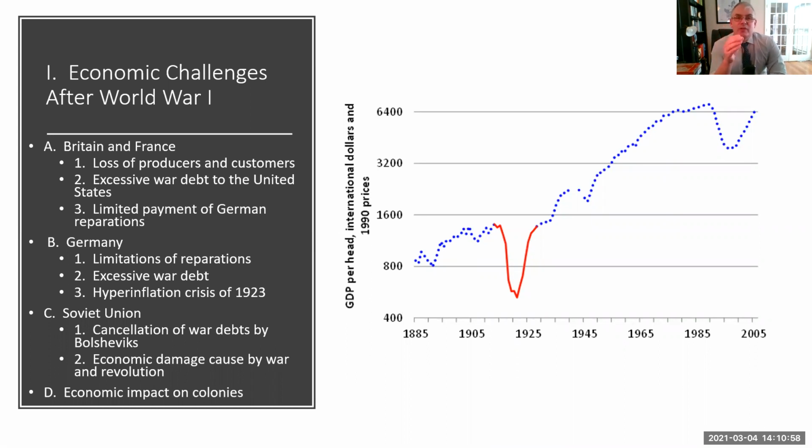So first, we want to look at the economic challenges after World War One ends in 1919. And we can look at Britain and France and see challenges developing there. The challenges for Britain and France stem from the fact that a number of their male population had perished in World War One.